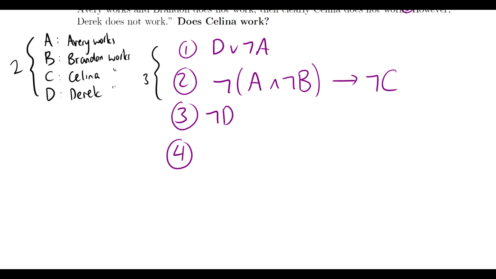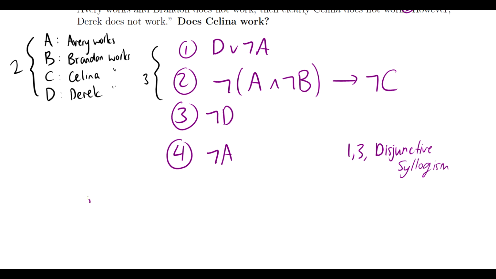Okay, so we have not D and D or not A, so we can get not A. So we get not A from 1 and 3, and disjunctive syllogism. So I might have called this something else. If I did call it something else in my video, just use whatever word you have for this operation.